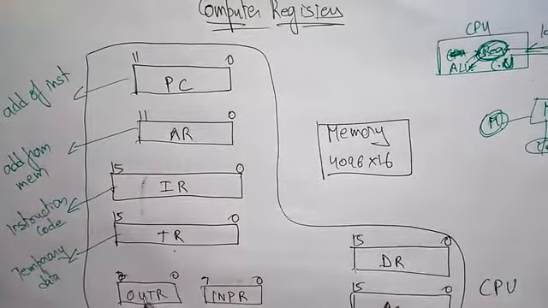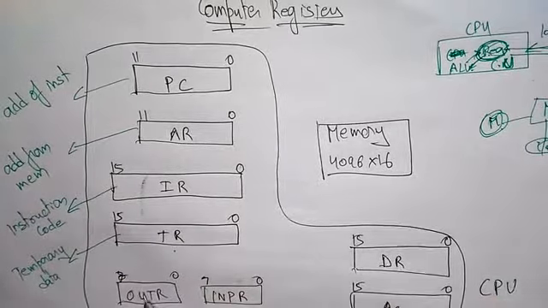OUTR is 8-bit and INPR is 8-bit. INPR holds input characters, whereas OUTR holds output characters. Now coming to DR. DR is a 16-bit register.